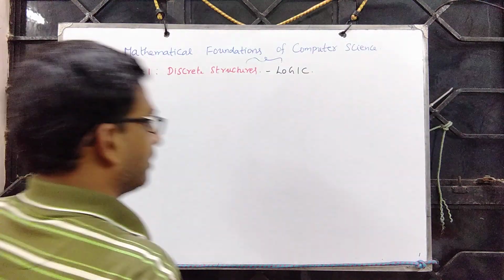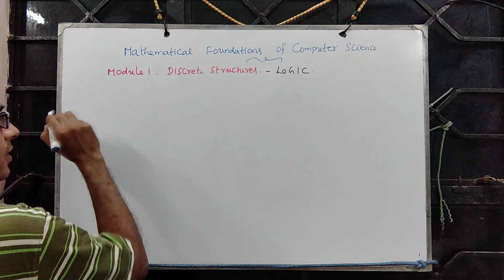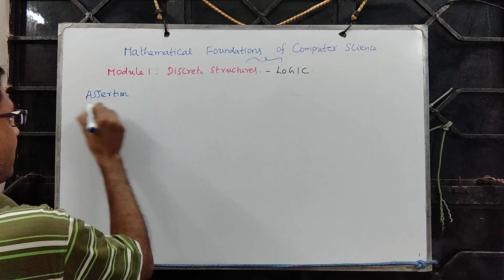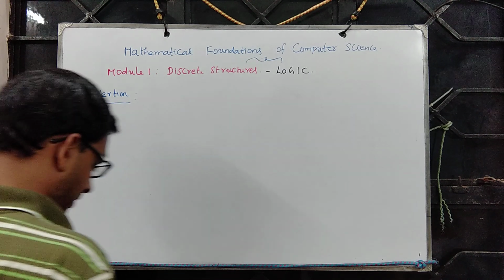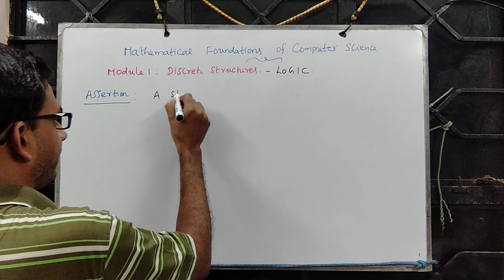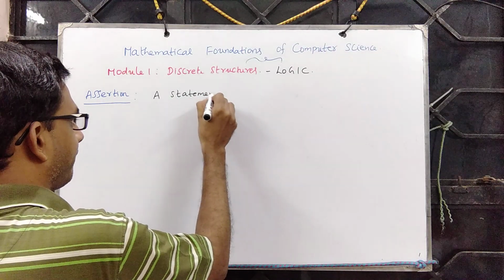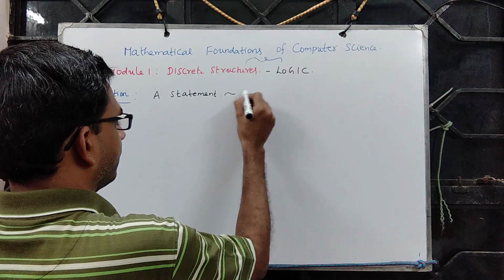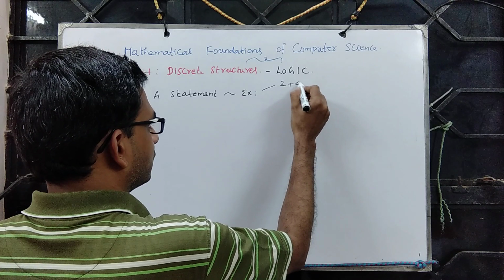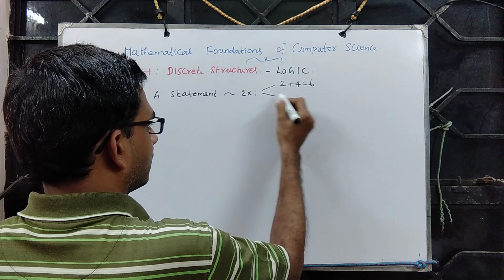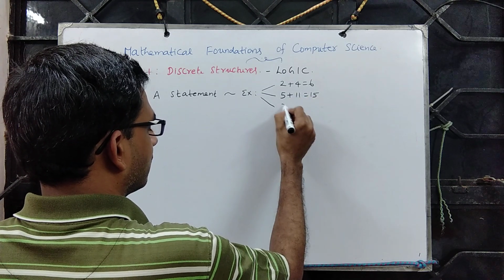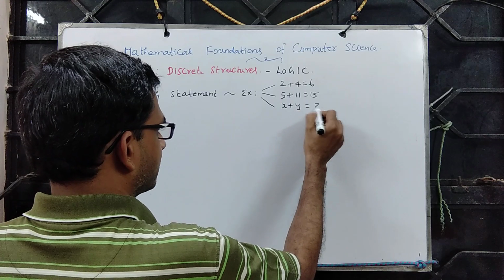Let's define a couple of terms. The first one is assertion. What is an assertion? An assertion, it is just a statement. For example, it could mean 2 plus 4 is 6, 5 plus 11 is 15, x plus y is z.